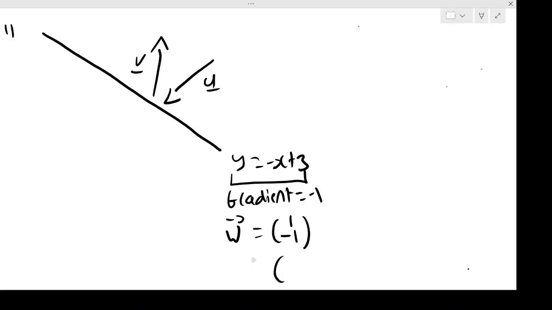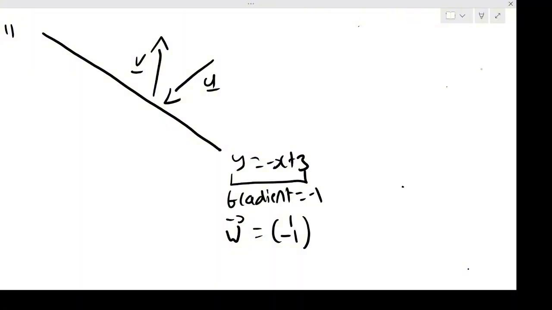Alternatively, we could say, well, let's say if x is 10, then y would change by -10, right? And so again, you can scale the direction vector like this. Okay, so there we are. So if we're given a Cartesian equation, we can use the gradient to work out the direction vector like this.